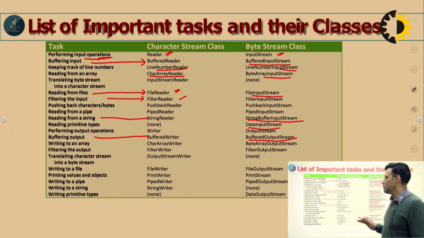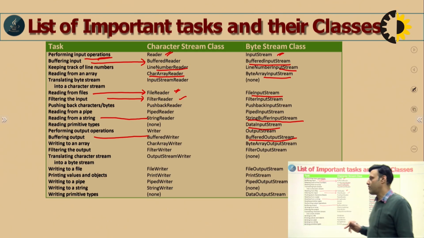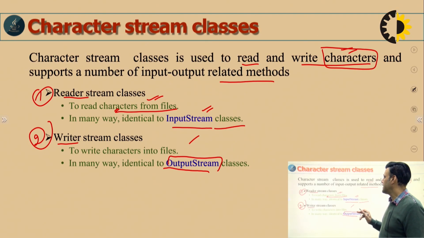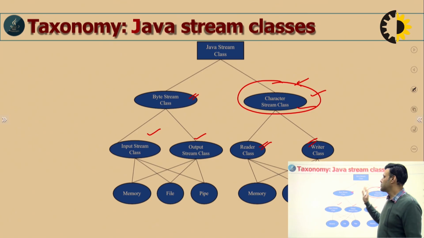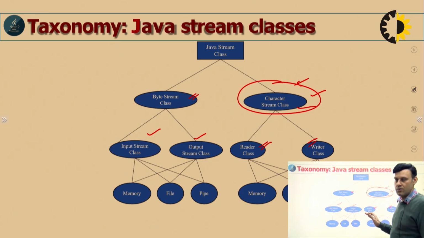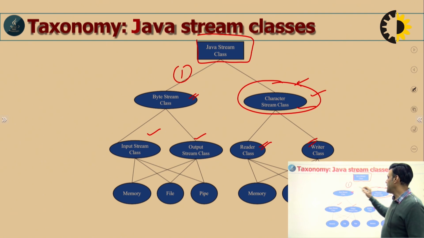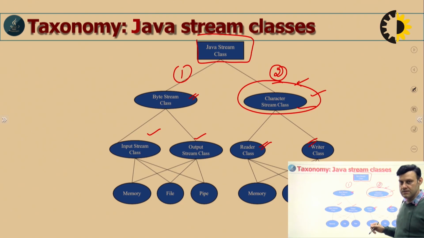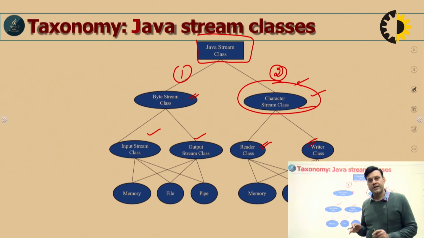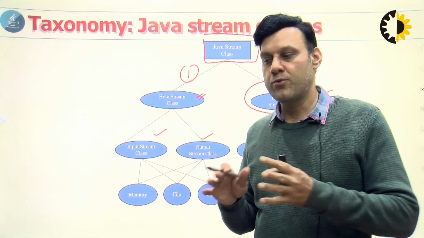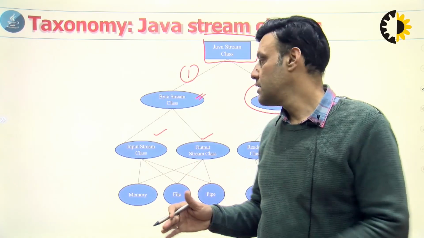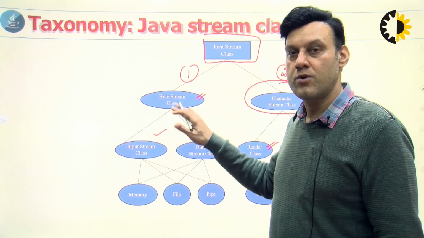So the takeaway from this lecture is that you should know this taxonomy, this hierarchy. On the top we have the Java stream class, and these stream classes are divided into two subclasses, the byte stream class and the character stream class. Then two important operations that we perform are input related and output related operations.